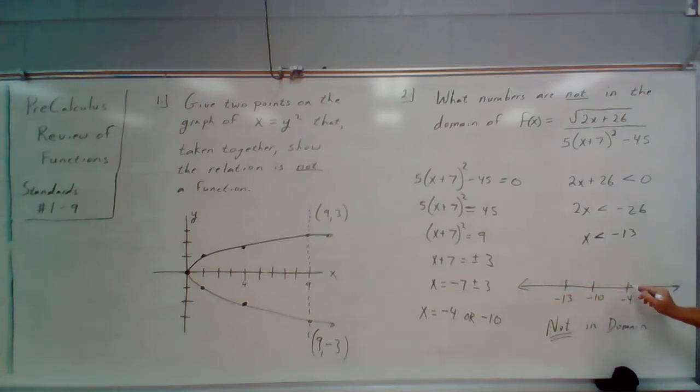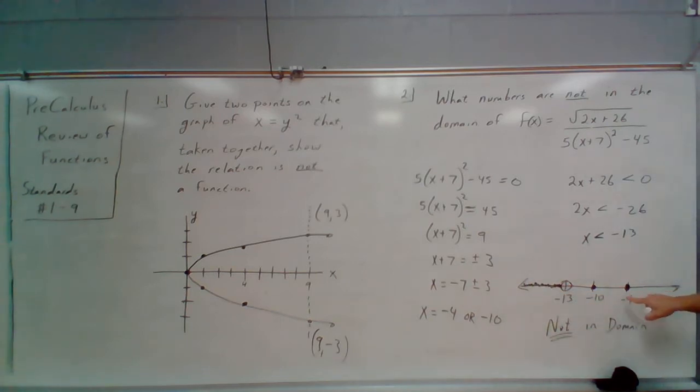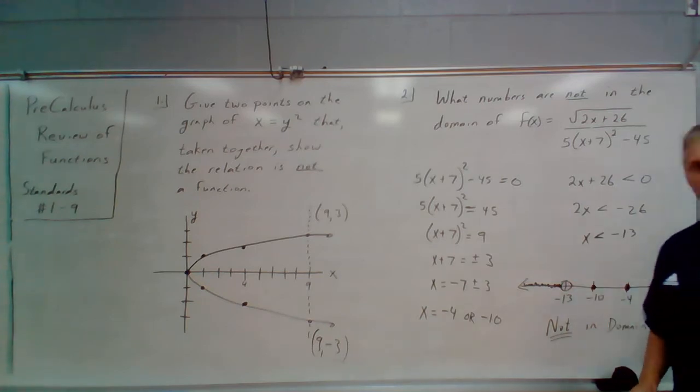So negative 4, not in the domain. Negative 10 is not in the domain. Anything less than negative 13 is not in the domain. So open circle, and anything this way. If I pick negative 4, negative 10, or anything less than negative 13, this function will not be defined, where it will not be real. So none of those numbers are in the domain.